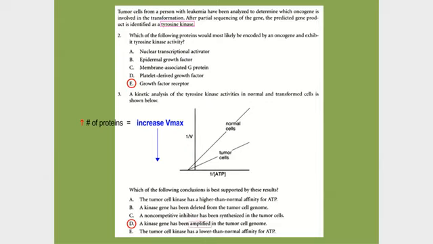So tyrosine kinase activity is now increased, and that's due to more enzymes, and more enzymes can be derived by having more genes. So you increase the genes in tumor cells, increase the tyrosine kinase enzyme, and thereby increase velocity.